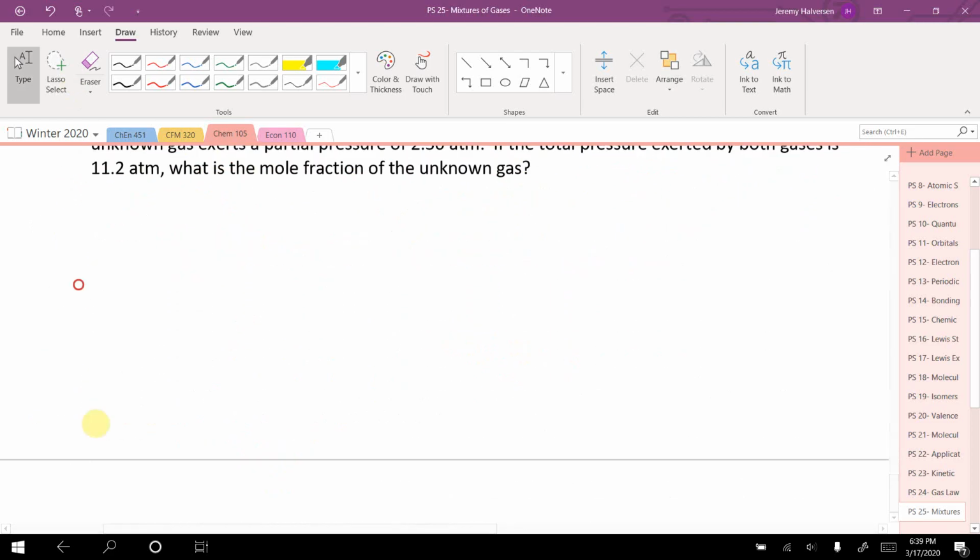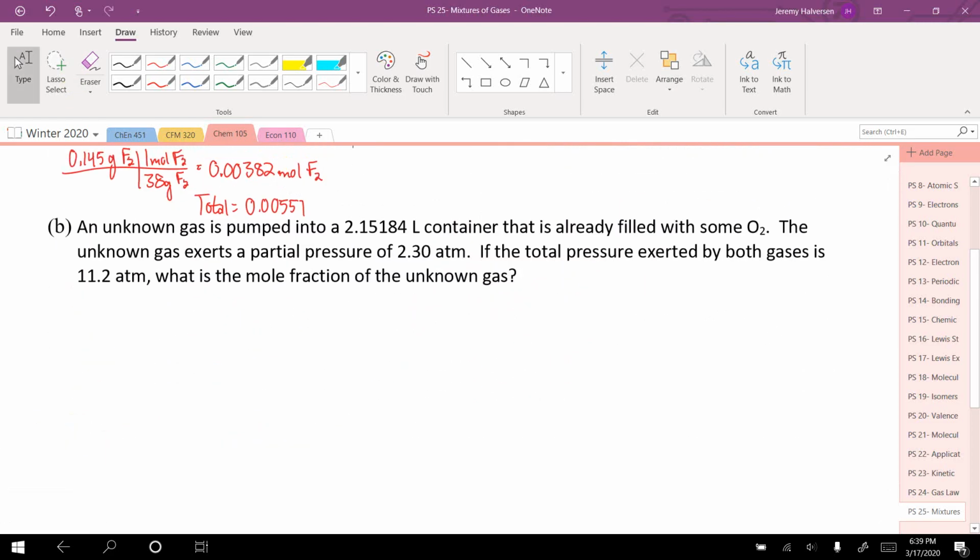Okay, this is it. An unknown gas is pumped into that liter container that's already filled with some oxygen. The unknown gas exerts a partial pressure, so in this case we're given the partial pressure of the unknown gas is 2.3 atmospheres. The total pressure is 11.2 atmospheres. What is the mole fraction of the unknown gas? Awesome. Well, we know that the partial pressure of the unknown gas is equal to the mole fraction of the unknown gas times the total pressure.